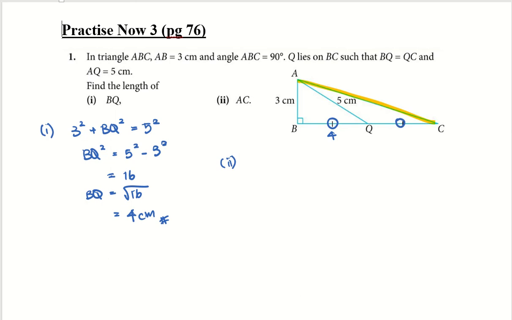Since these two lengths are identical, this is also 4 cm over here. So if I want to find my length AC, I can take a look at this yellow triangle, which is triangle ABC. I identify my length A, 90 degrees here, and this 8 cm is your length B. And last but not least, your length AC will be your length C.